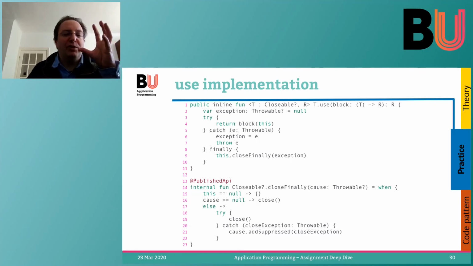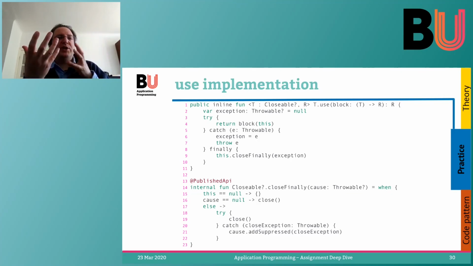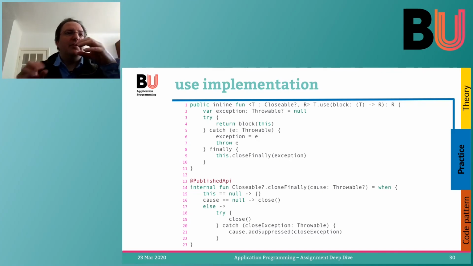A non-local return would basically break this inline function, but it cannot escape a try block.